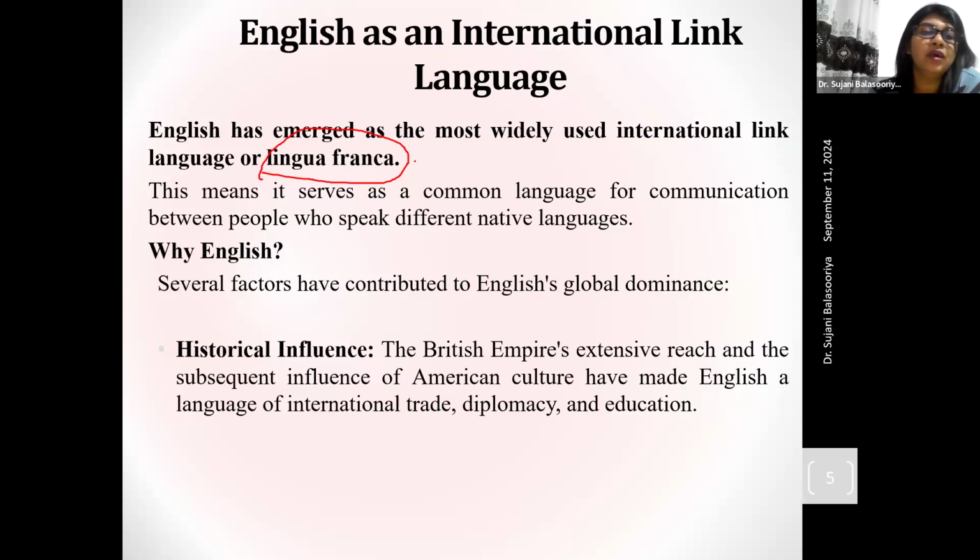Because we usually associate the term lingua franca with the English language. We say English is a lingua franca. That's a very commonly used term. Any idea about this term, if you have earlier heard or know anything about it?